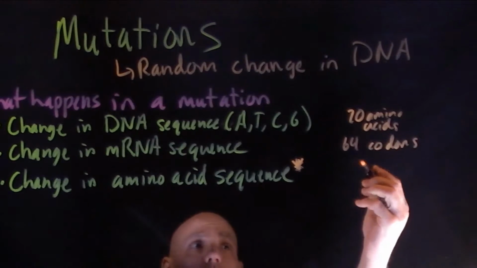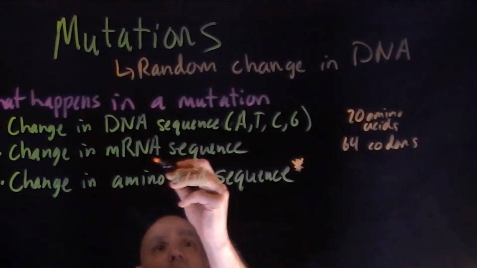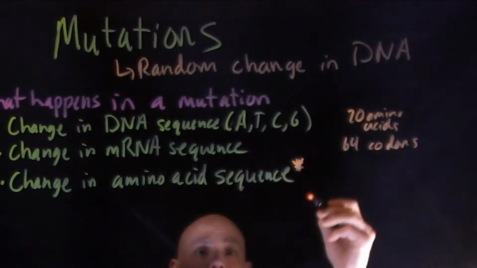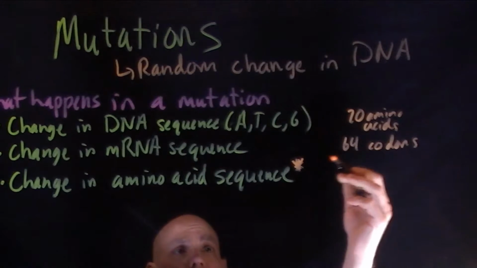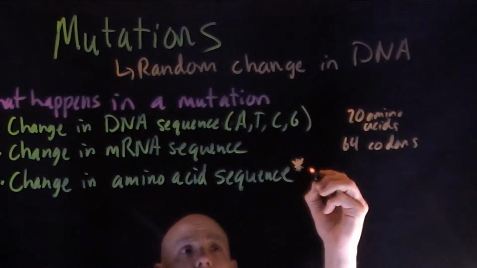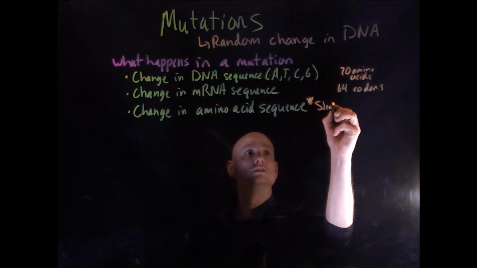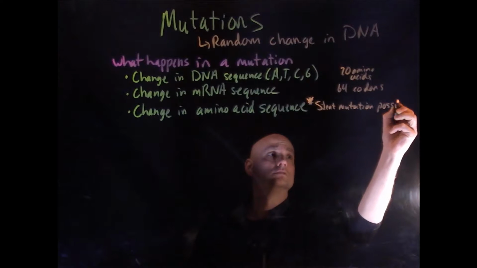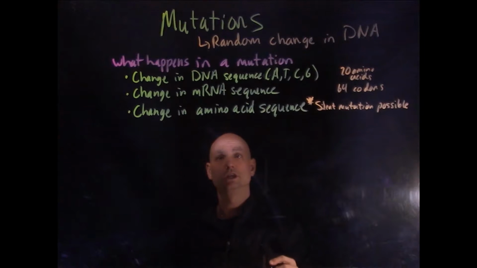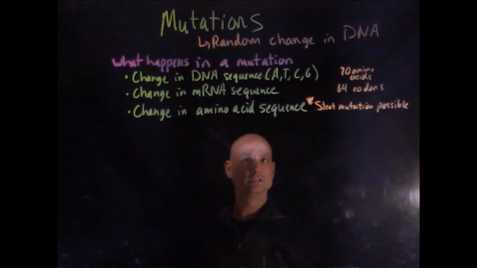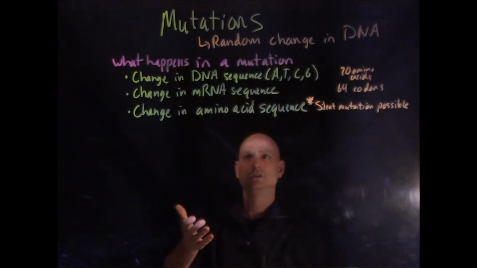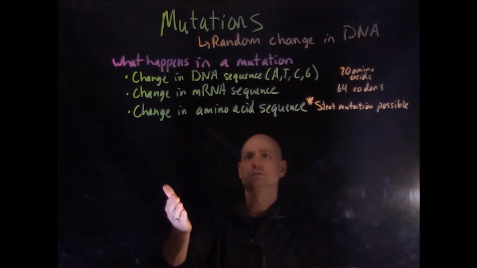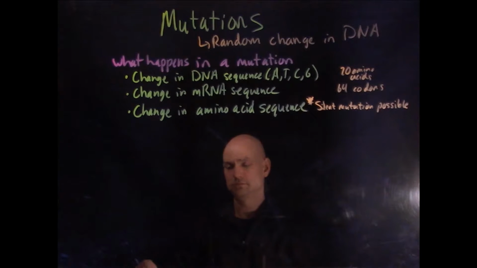So that means there's more than one three-letter mRNA sequence that will make one amino acid. So therefore, it's possible that this is what we call a silent mutation. It just simply means that it didn't change the amino acid sequence because two different mRNAs could make the same amino acid. Just throwing that out there. Keep that in mind.